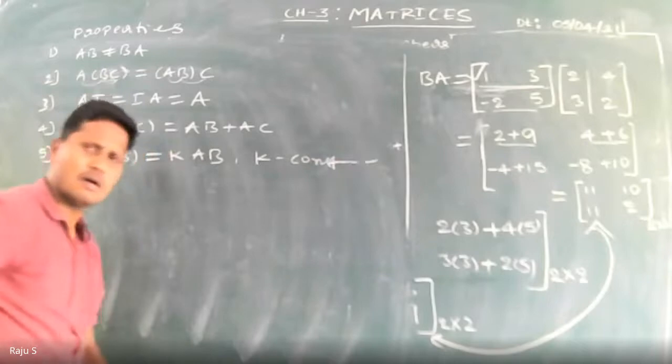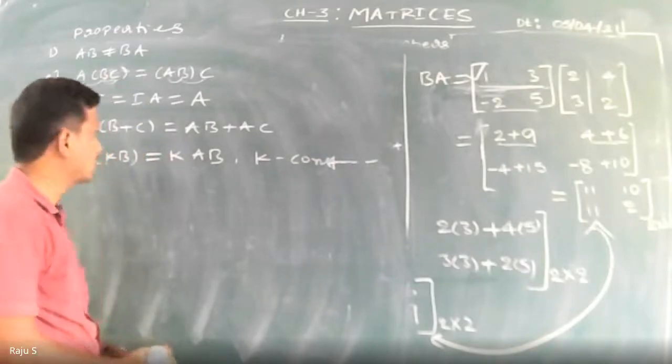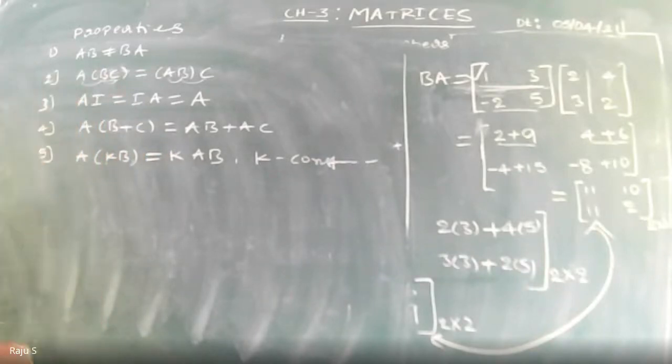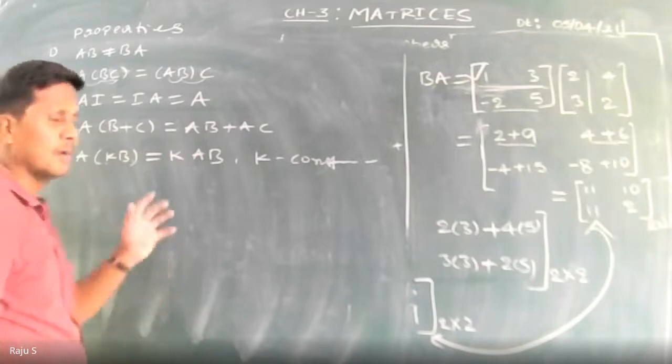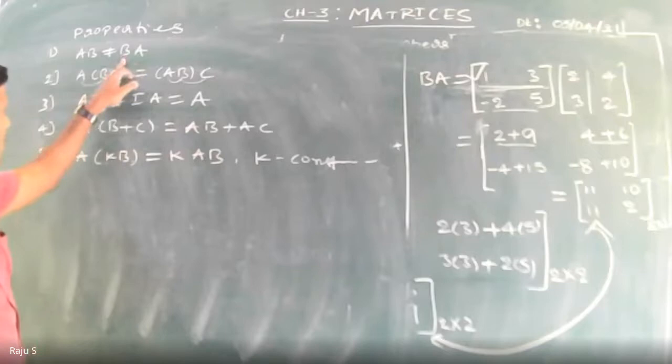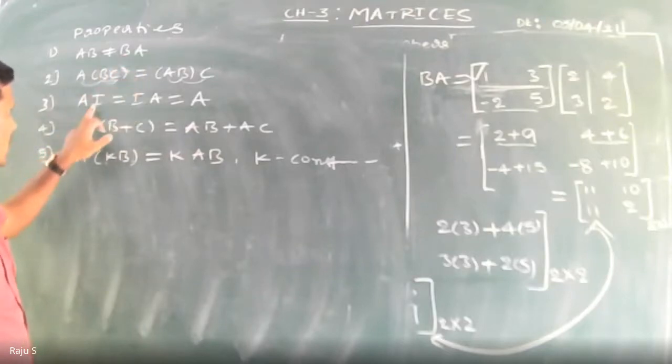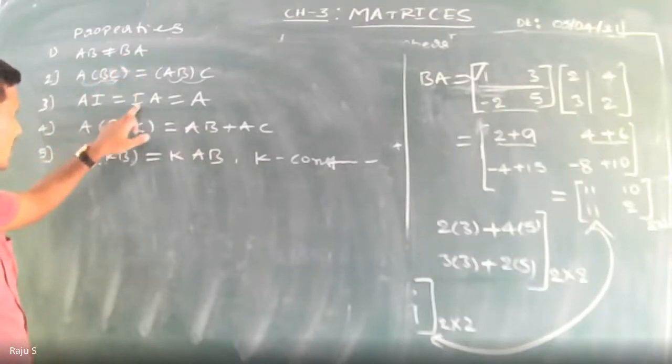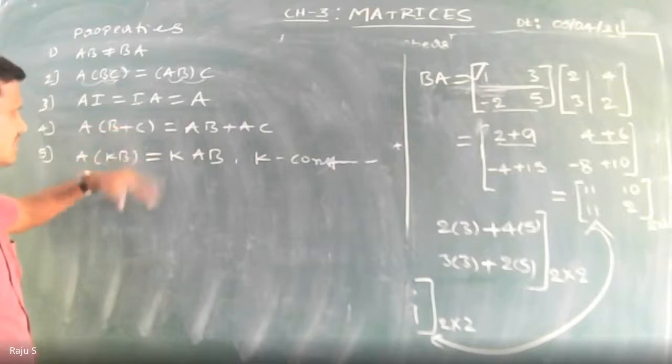So these are all simple properties of multiplication of matrices. Not commutative, it is associative, there is a multiplicative identity, and these are the distributive laws.